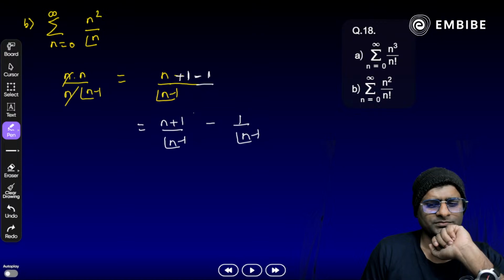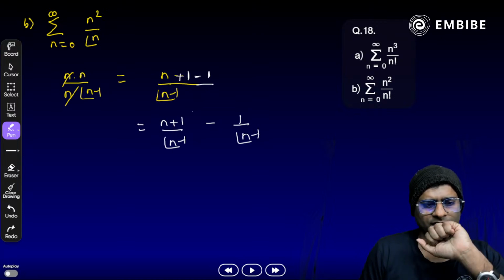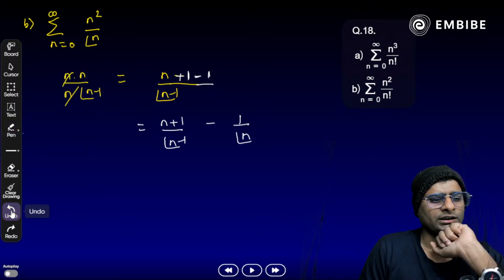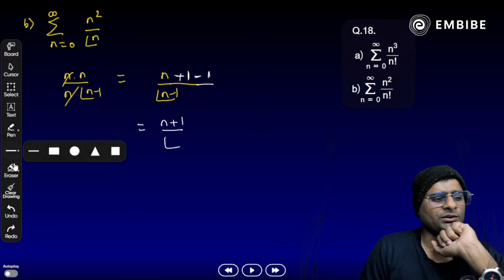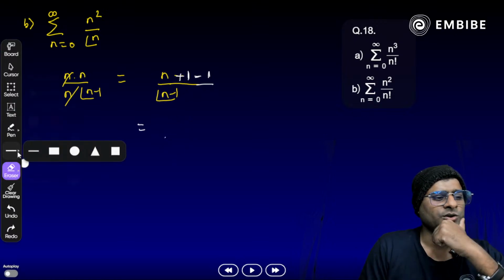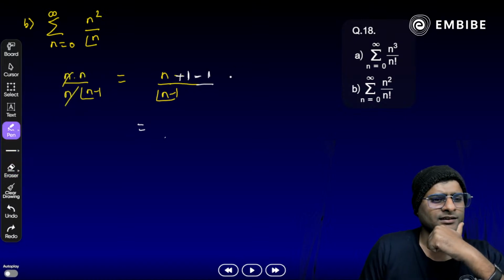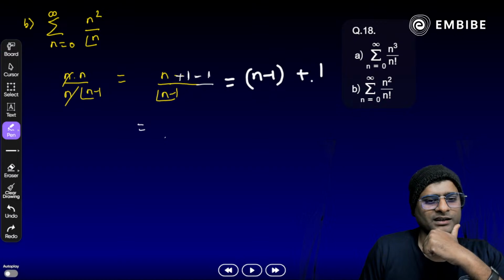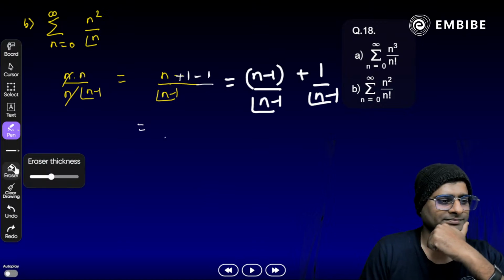Anyone? n plus 1 minus 1. When we added and subtracted 1 at the numerator, can you write it like n minus 1 plus 1, and the whole divided by factorial n minus 1, and factorial n minus 1, like that.